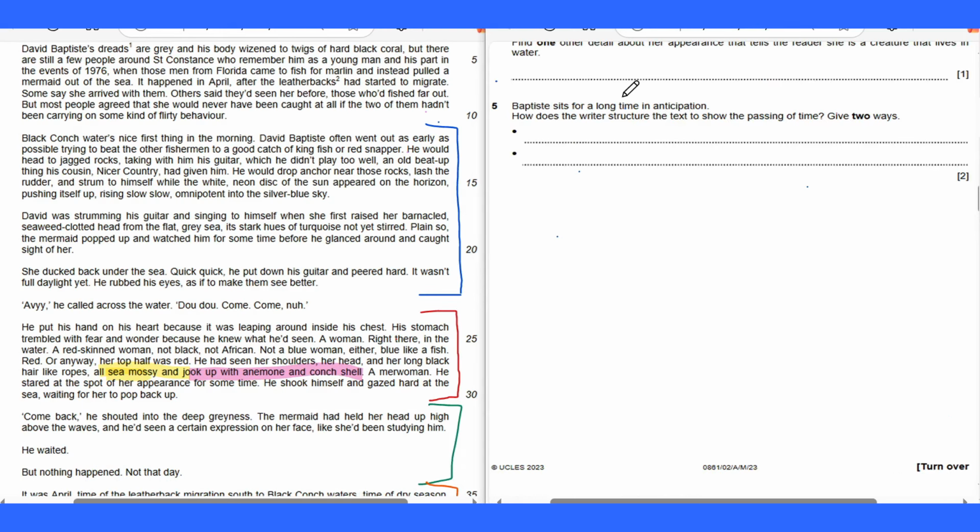Baptiste sits for a long time in anticipation. How does the writer structure the text to show the passing of time? Give 2 ways. 10 seconds. So we get the answer from the next paragraph, which will be here. Since our last question we got the answer from here, so we move on to this paragraph, as that is always in order from the top to down.